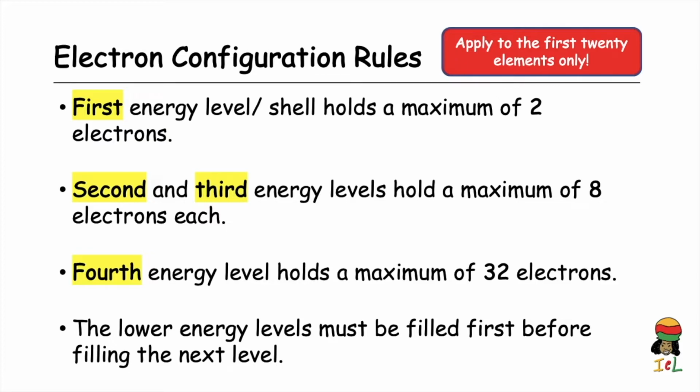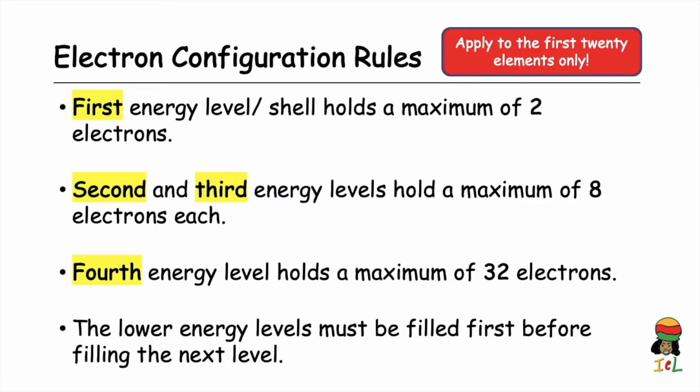periodic table. The first energy level or shell, which directly surrounds the nucleus, holds a maximum of 2 electrons. The second and third energy levels or shells hold a maximum of 8 electrons each. Now it's important to note that the rule of the third shell holding a maximum of 8 electrons is only applicable to the first 20 elements.